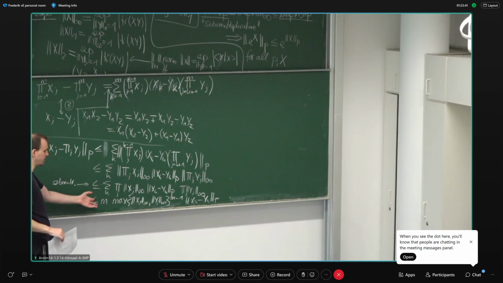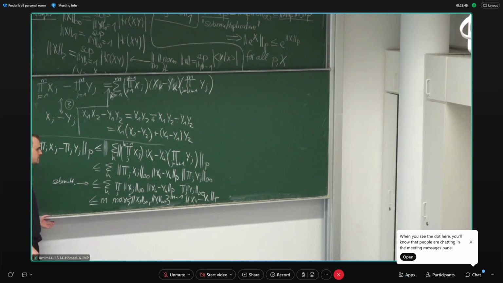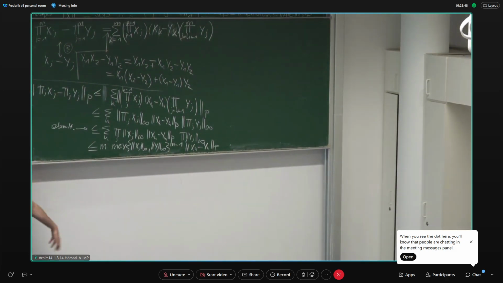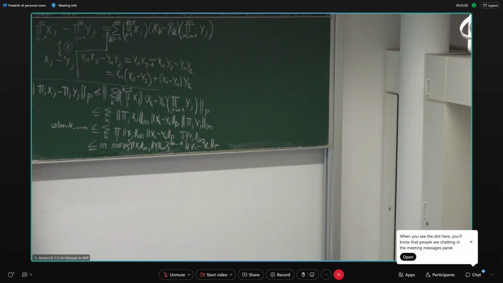So as you see, this does scale with m, the number of summands you have, but for certain results you can use this to prove the Lie-Trotter formula.